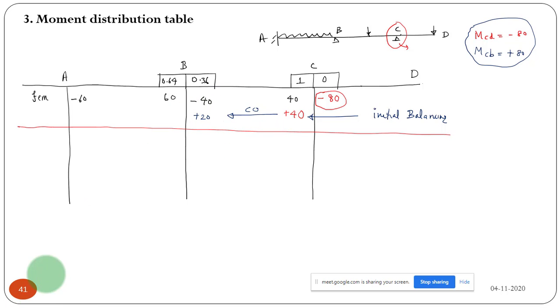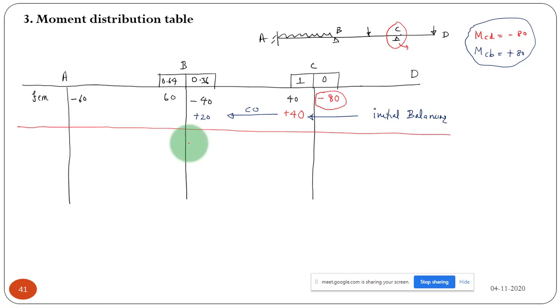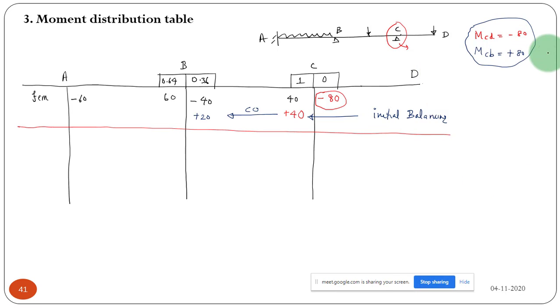This step we call initial balancing, similar to question number 2. The rest of the procedure is similar to question number 2. We have done the initial balancing, and joint C is completely balanced, minus 80 here and plus 80 here.